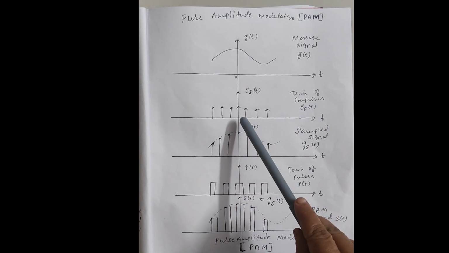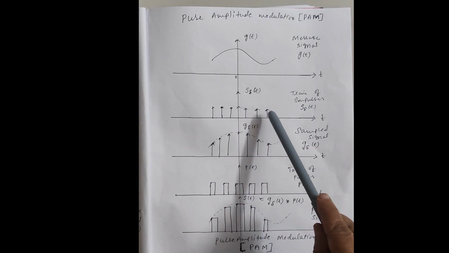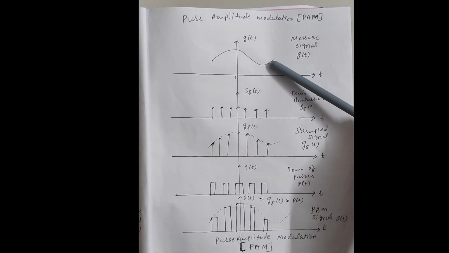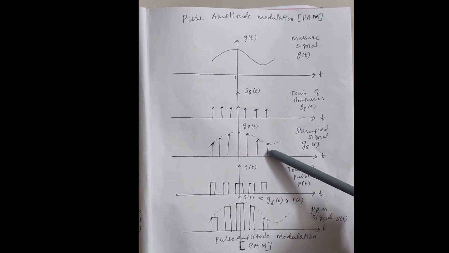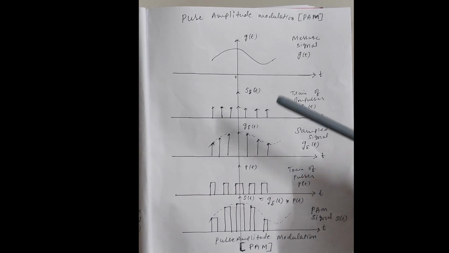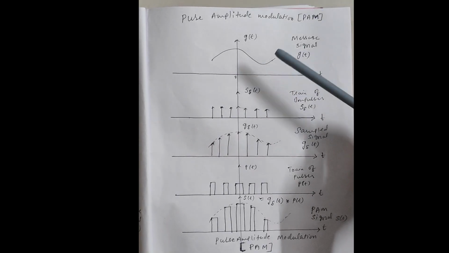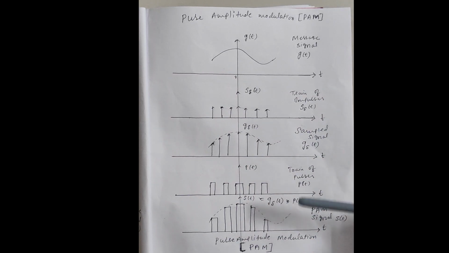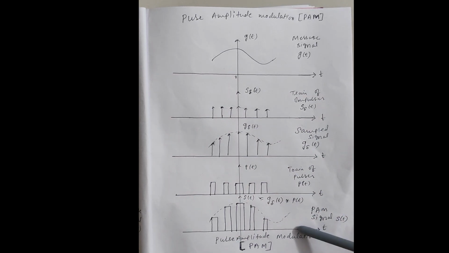The amplitude of the impulse carrier signal is varied in accordance with the message signal, that is natural sampling. That is the sampled output. Then flat top sampling: the amplitude of the pulses is varied in accordance with the message signal. Both natural sampling and flat top sampling are pulse amplitude modulation.